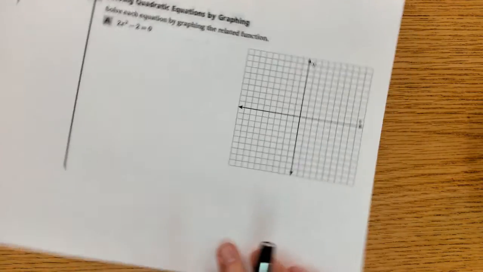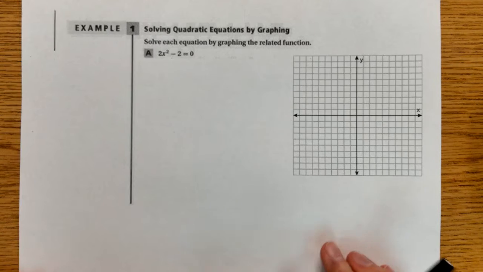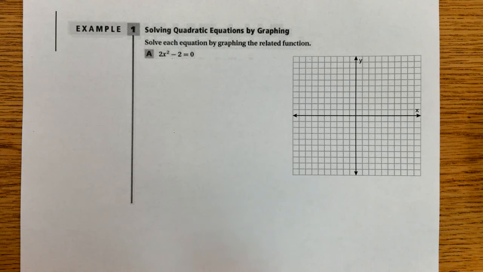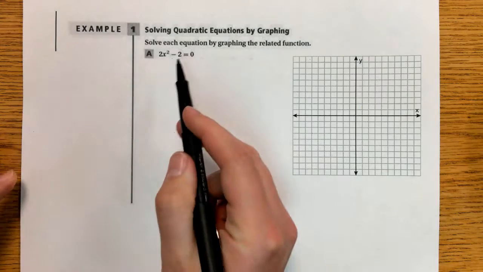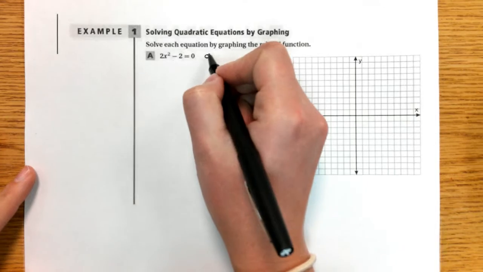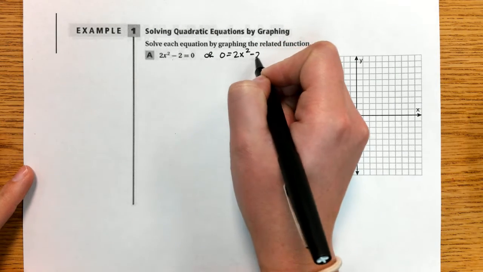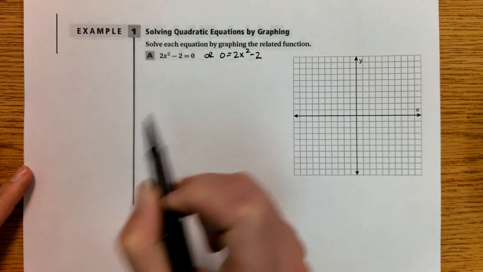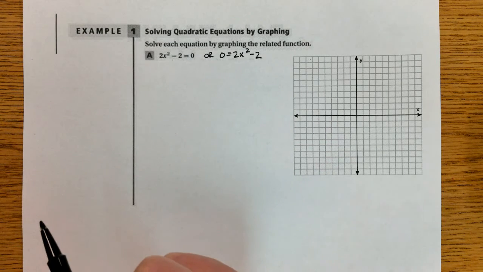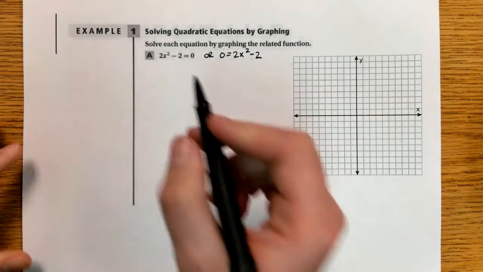So we're going to start by looking at example 1. A, we have 2x squared minus 2 equals 0. So it's already in standard form where it's equal to 0. You could also rewrite it as 0 equals 2x squared minus 2. Okay. So here, a couple of things that we're going to want to do is to find the axis of symmetry.